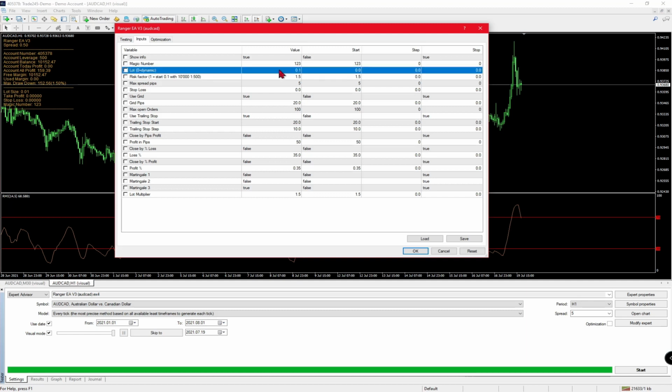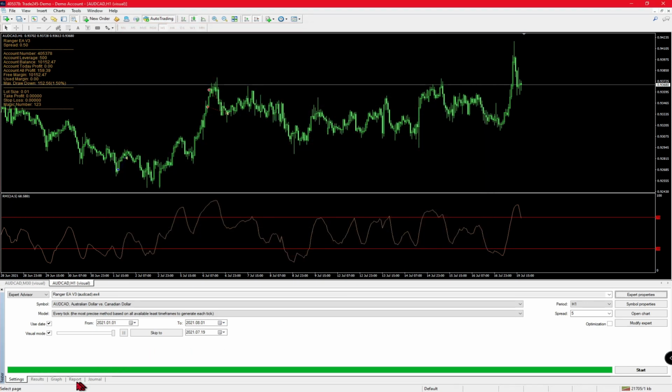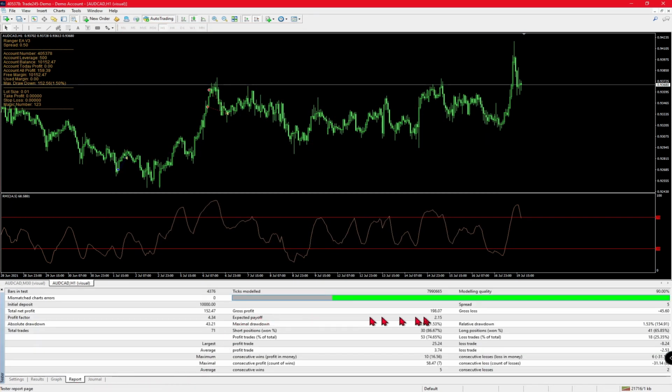So the Setfile lot size is 0.01, and if you were to, for example, change it to 0.1, that means that you would have 10 times the profits. But that also means that your drawdown will also be 10 times as much, making it $1,000. And I don't think that would be very suitable to those that don't have as much money.